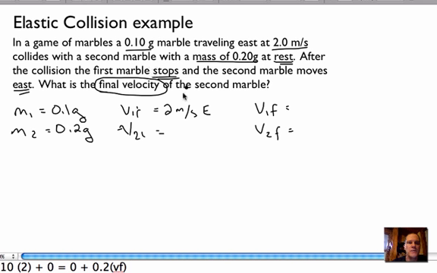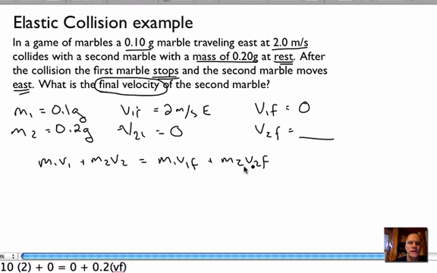So the second marble is initially at rest, so its speed is 0, and the first marble stops afterwards, and we are looking for that final velocity. So it's an elastic collision. They're separate initially, and they are separate afterwards. So that sets us up with m1v1 plus m2v2 must equal m1v1 final plus m2v2 final.